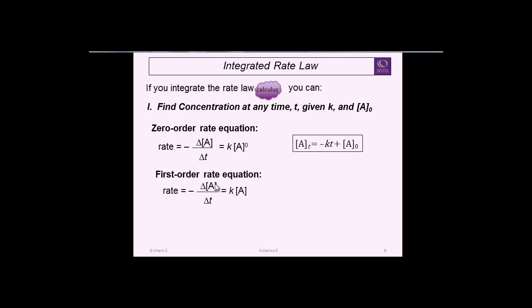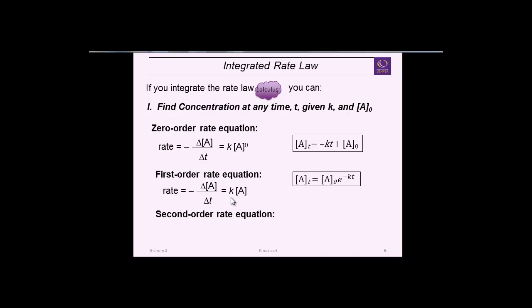Now we go to a first order rate equation. Basically, same kind of deal. We're trying to get down to a rate, but the rate expression is K times the concentration raised to the first power. And if you did the calculus on that, you'd end up with this expression. The A at any time: start with the original concentration, use your mathematical function e, raised to the power of minus KT, and you can solve at any time for the final concentration.